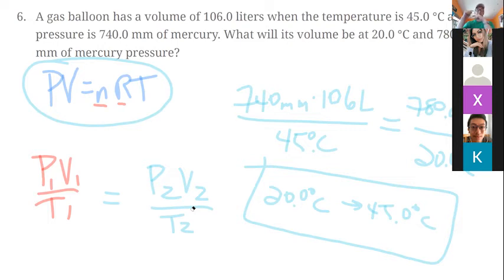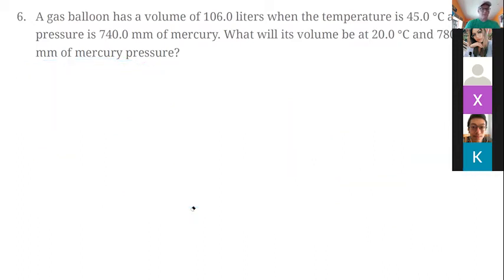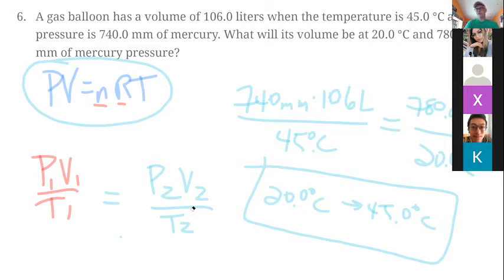So the absolute change is the same, but the relative change is hugely different. So what's the relative change here? Oops, let me go back. So the relative change is 25. What's the absolute change? Needs to be reflected in Kelvin.